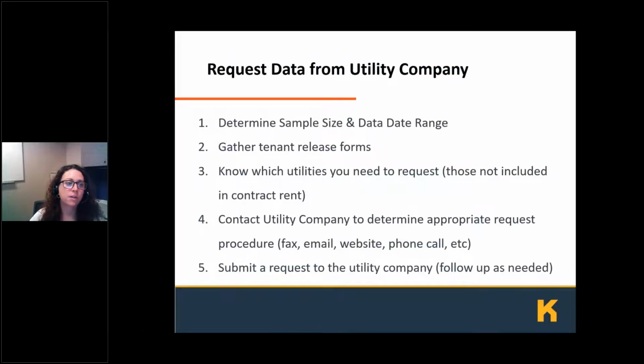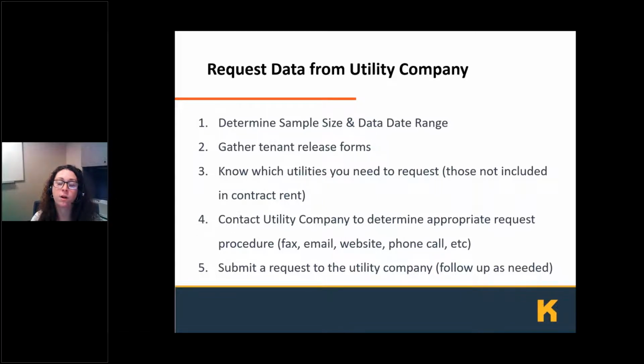All right, so that kind of wraps up the tenant requirements. So I've got one more slide before we take some questions. We've talked about up until now, what do you need to get ready before you make that request to your utility company? You need to make sure you determine the correct sample size, how many units, and remember, you're going to ask for more than is required.